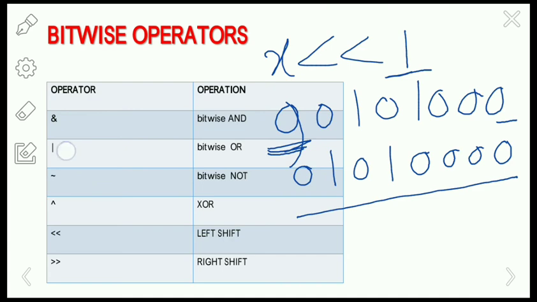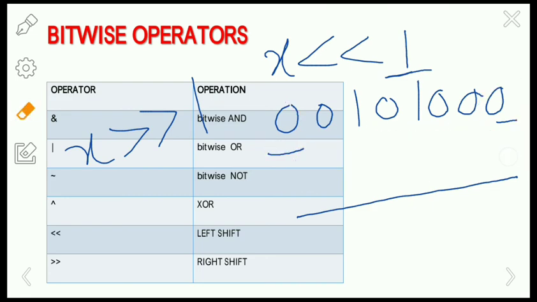Similarly, if we apply the right shift, we are going to remove the rightmost bit here, that is 0. If we apply the right shift operation here, then the answer will be like this.